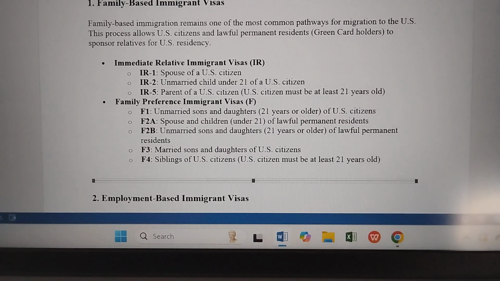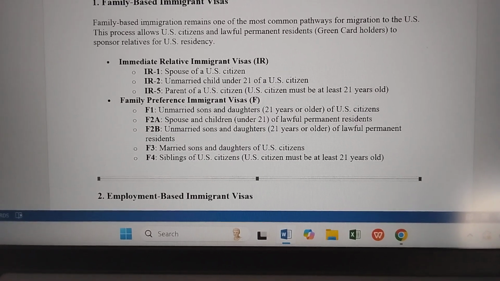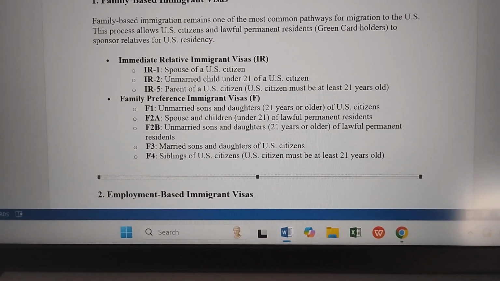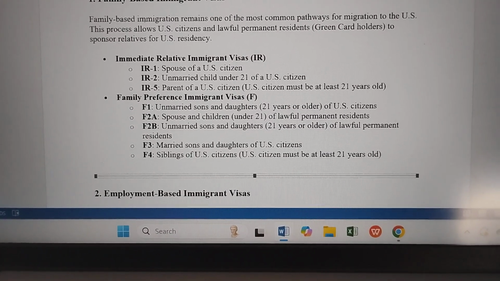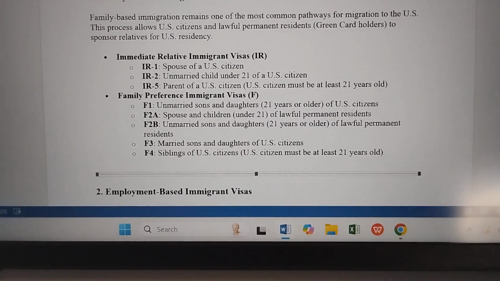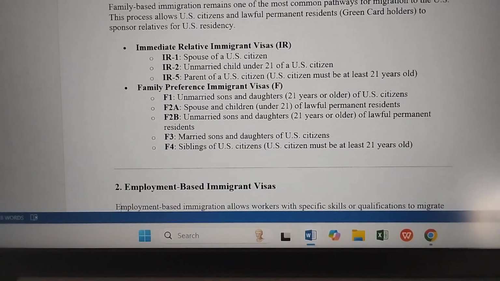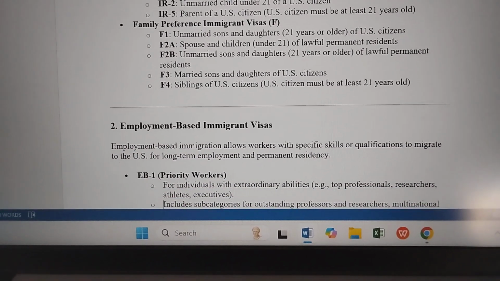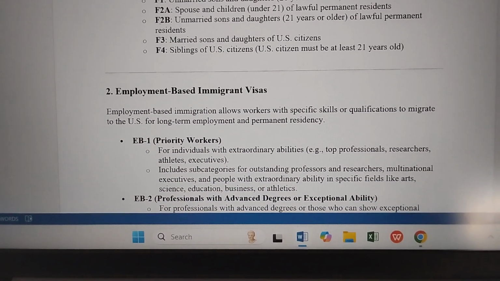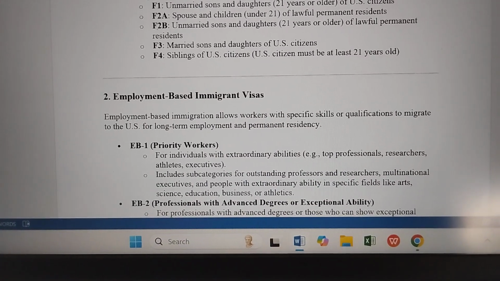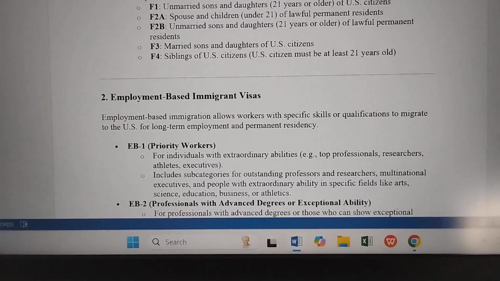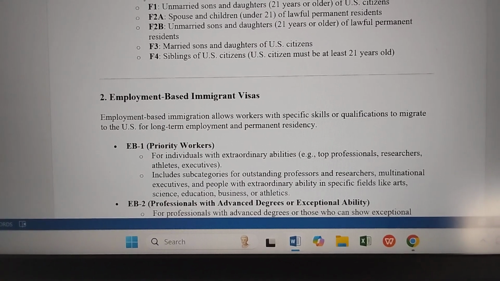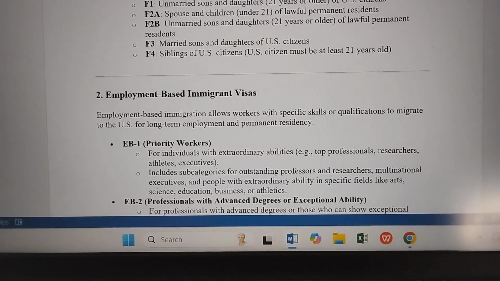F2B: unmarried sons and daughters 21 years or older of lawful permanent residents. Then we have F3, married sons and daughters of U.S. citizens, who will also come to the U.S. through F3. Then we have F4, siblings of U.S. citizens. The U.S. citizen must be at least 21 years old to bring over his or her siblings.